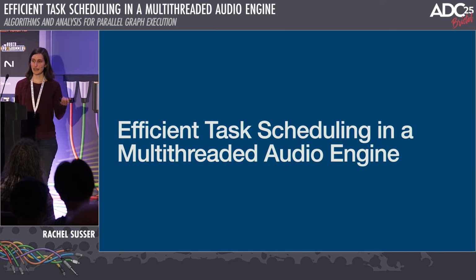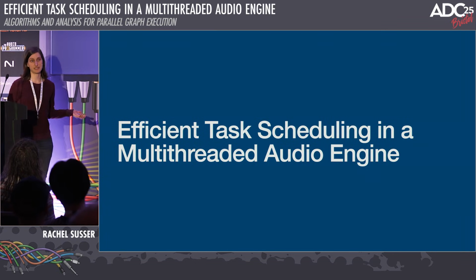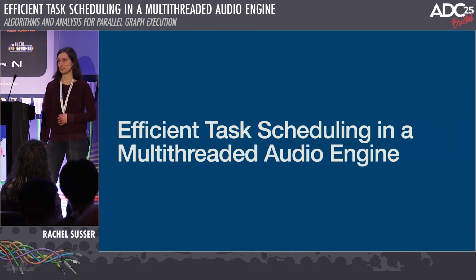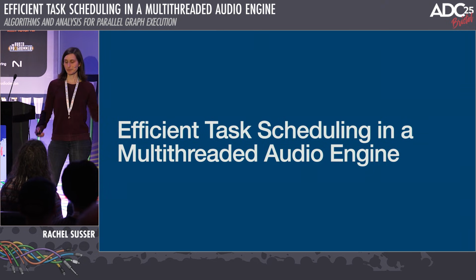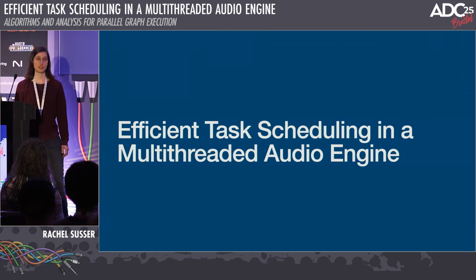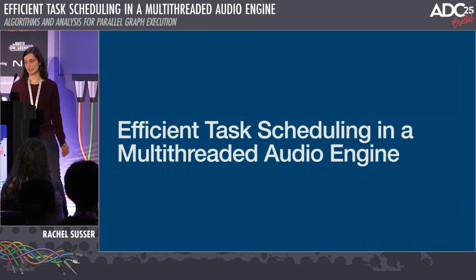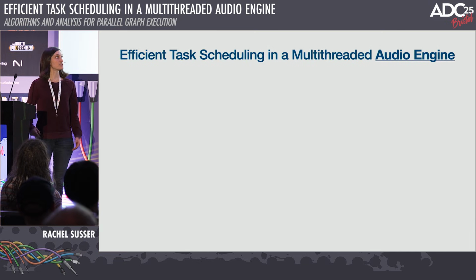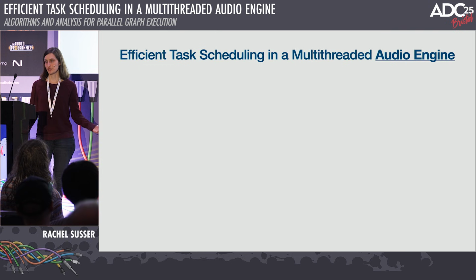Okay, so I already said the title of this talk is Efficient Task Scheduling in a Multi-Threaded Audio Engine. But let's break that down a bit to make sure we're all starting on the same page about what that actually means. So first, the audio engine.